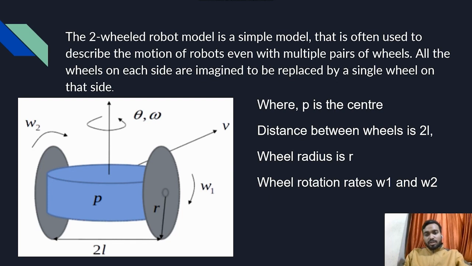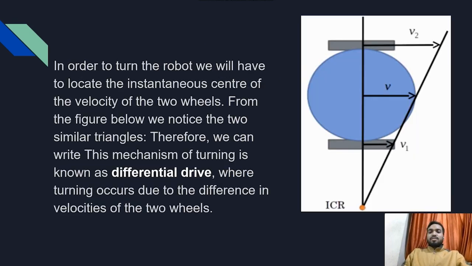The bot is actually rotating about an instantaneous center if v1 and v2 are different. Otherwise, it goes on in a straight line and the instantaneous center of rotation is at a distance of infinity. So, this mechanism of turning, where turning occurs due to the difference in velocities of the two wheels, is called a differential drive.